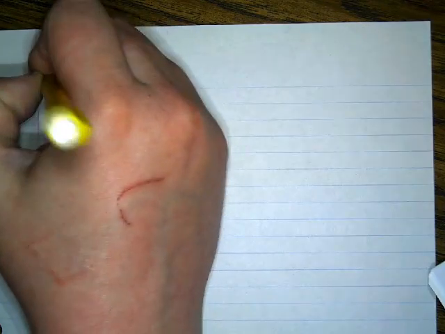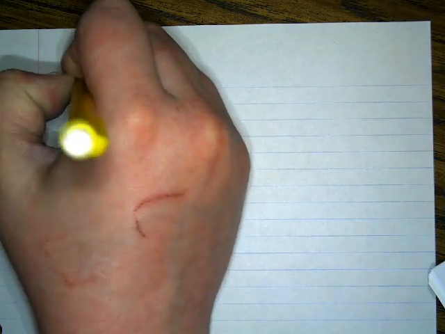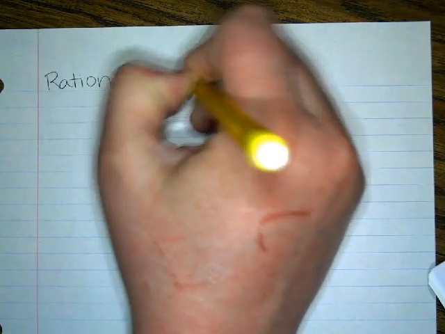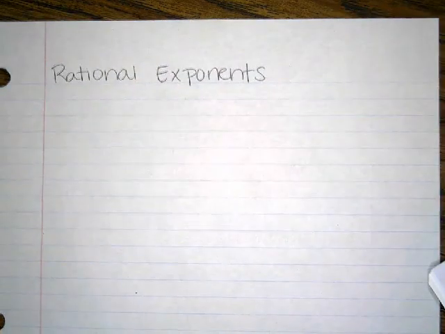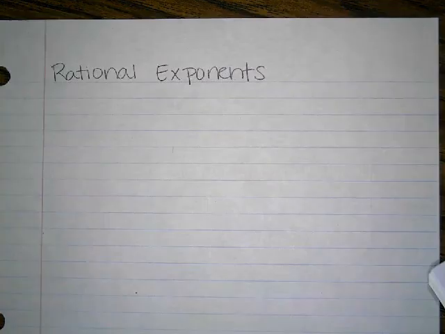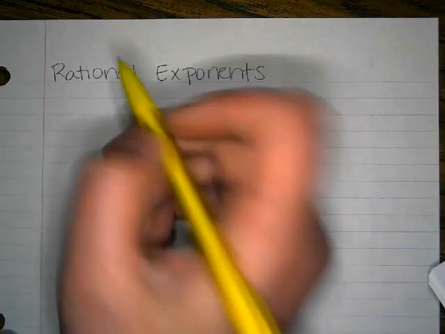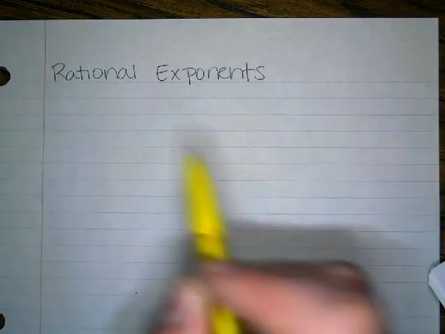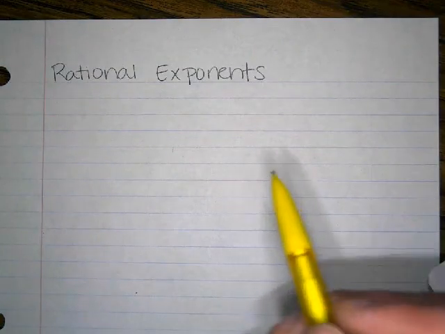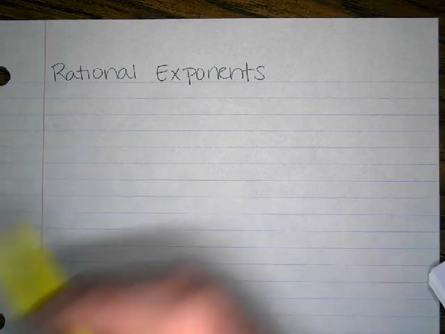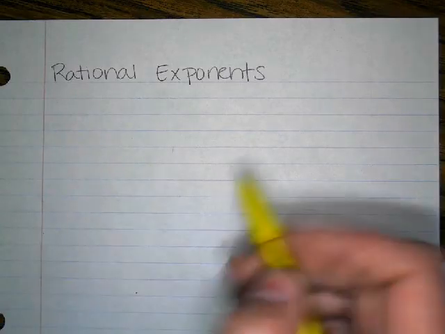All right. Rational exponents. That's what we're looking at. Rational exponents are fraction exponents, and they are how you write a radical.